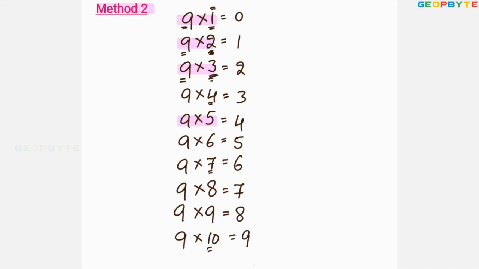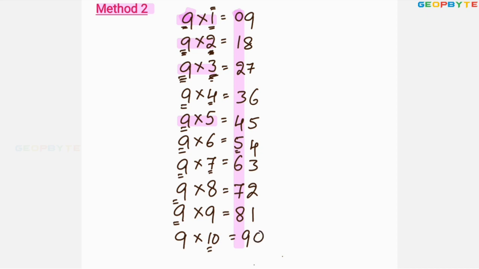Then you subtract each and every digit from 9. 9 minus 0, 9. 9 minus 1, 8. 9 minus 2, 7. 9 minus 3, 6. 9 minus 4, 5. 9 minus 5, 4. 9 minus 6, 3. 9 minus 7, 2. 9 minus 8, 1. 9 minus 9, 0.